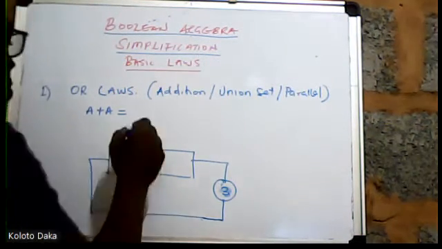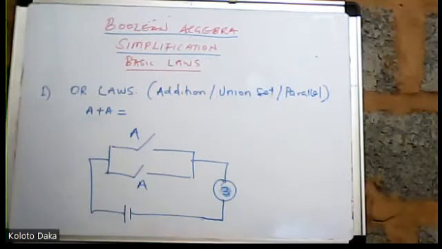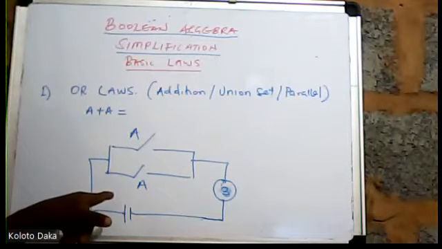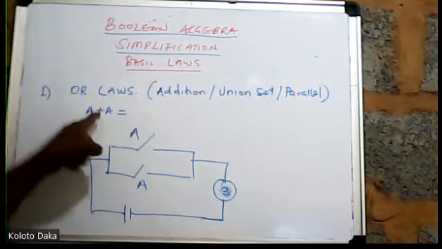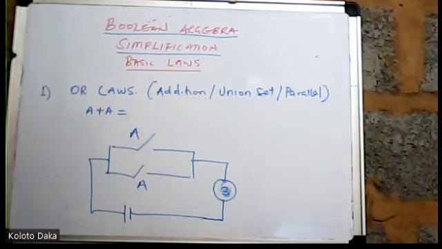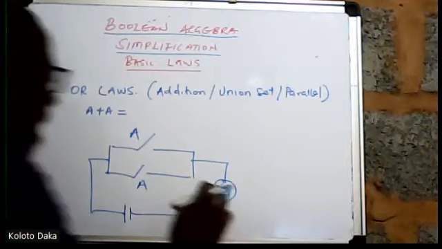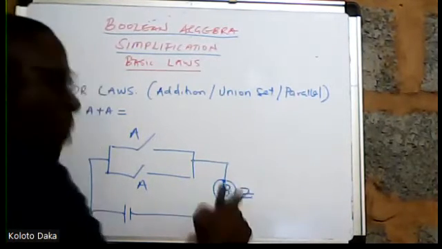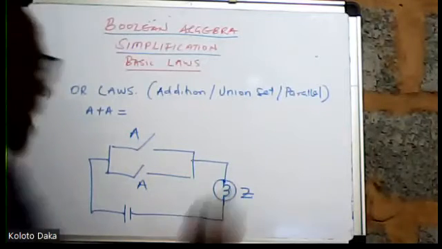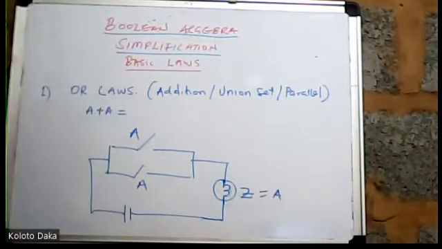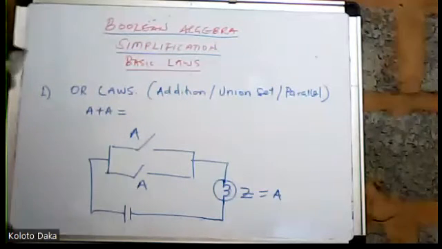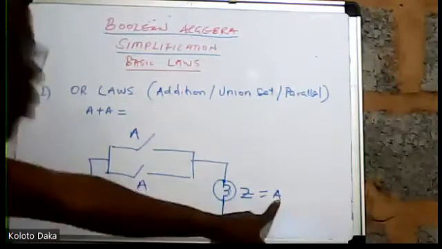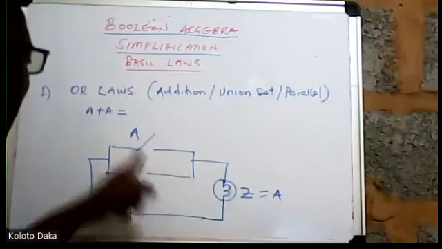When we say A plus A, it means that the switch is like this, because we have A and A in parallel. So if A and A are in parallel, what will be the result on the bulb? Z will be simply equal to A. Meaning that if any of these is closed, the answer will be closed.